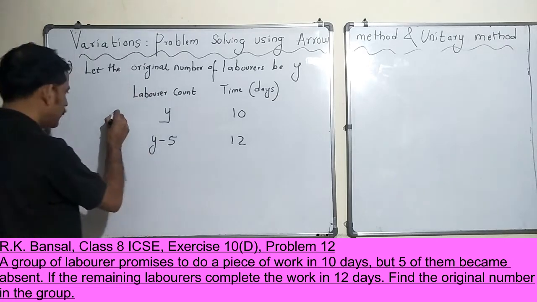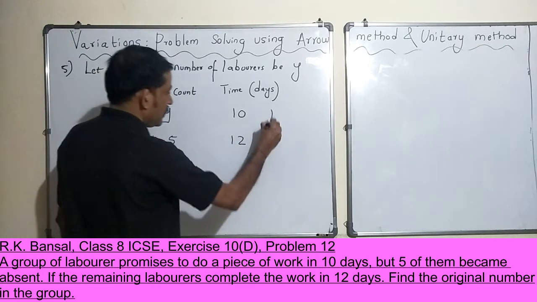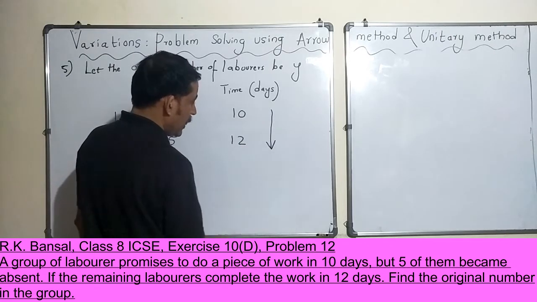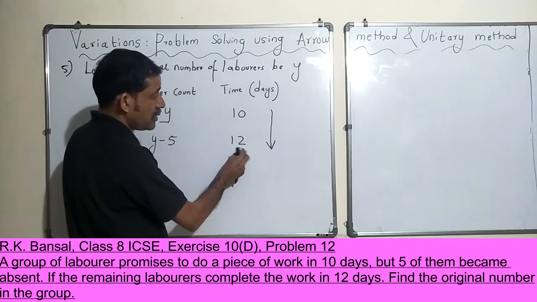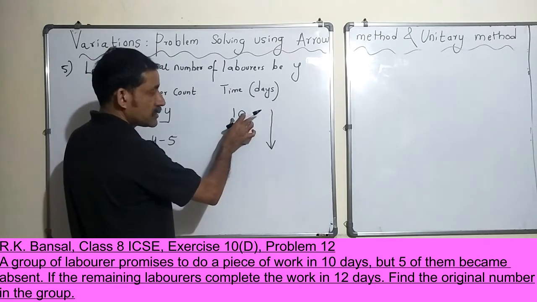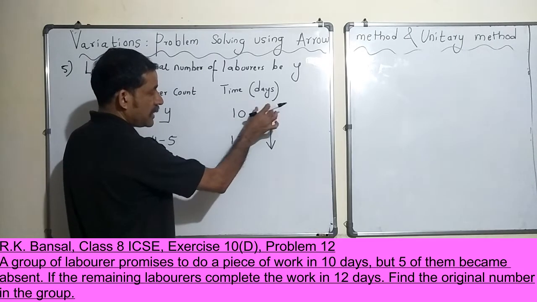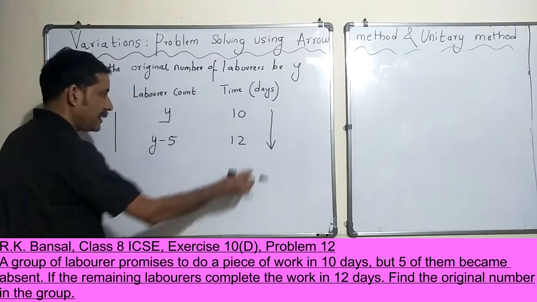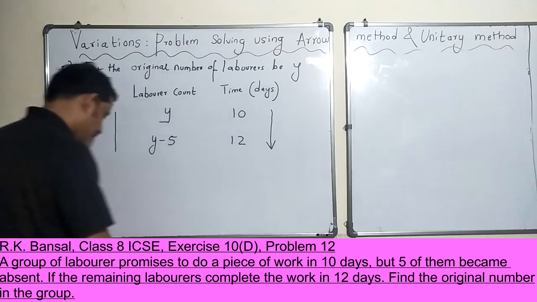Now let's draw the arrow. Okay, clearly this is 10, this is 12. So I point the arrowhead in the direction of 12 because 12 is more. Tail is on the side of the entity which is less. Okay, head is 12, tail is 10, which is correct.